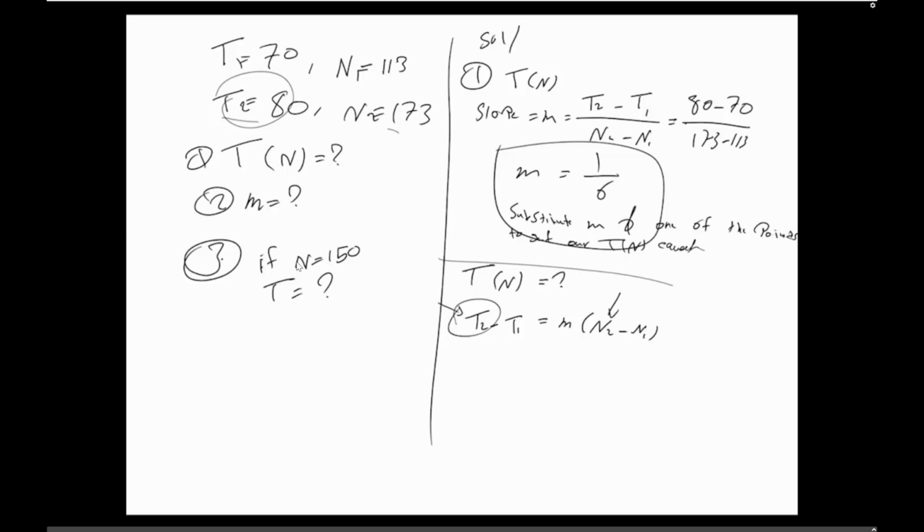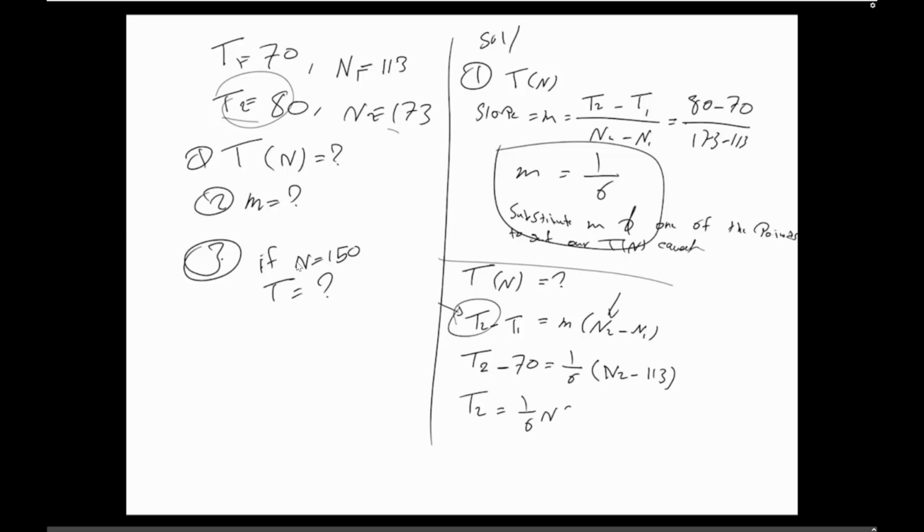We're going to take one of these points as T1, so let's take this point. So T2 minus 70 is equivalent to our slope 1.6 times n2, or sorry, that's what we're looking for, minus n1, which is 113.